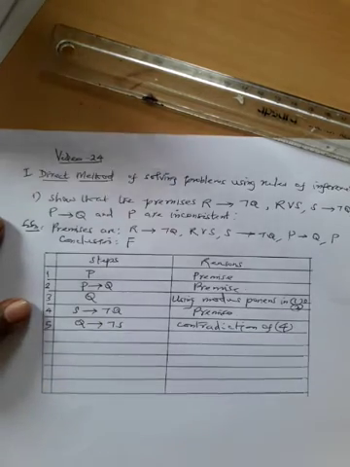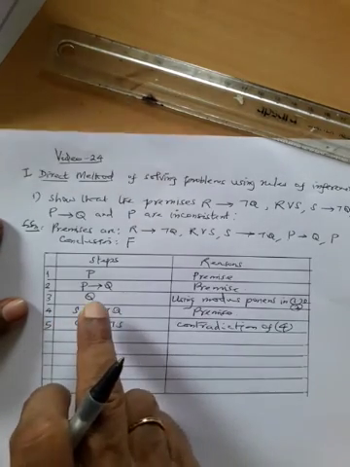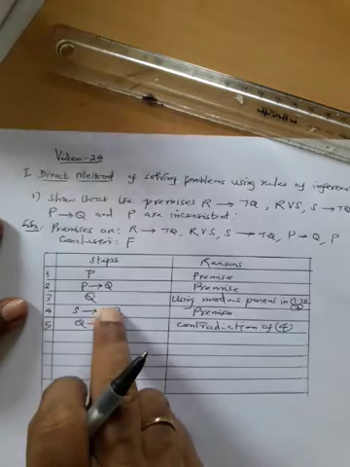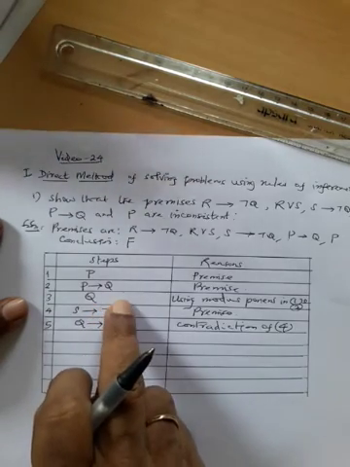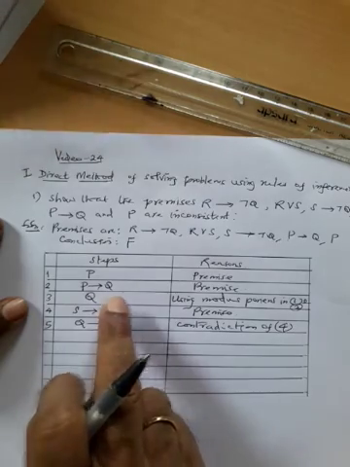This is what is known as the contrapositive, which is always true. From a conditional statement, if you want to go to the contrapositive, take negation on both sides. Double negation will become Q, negation S, conditional, and reverse it.